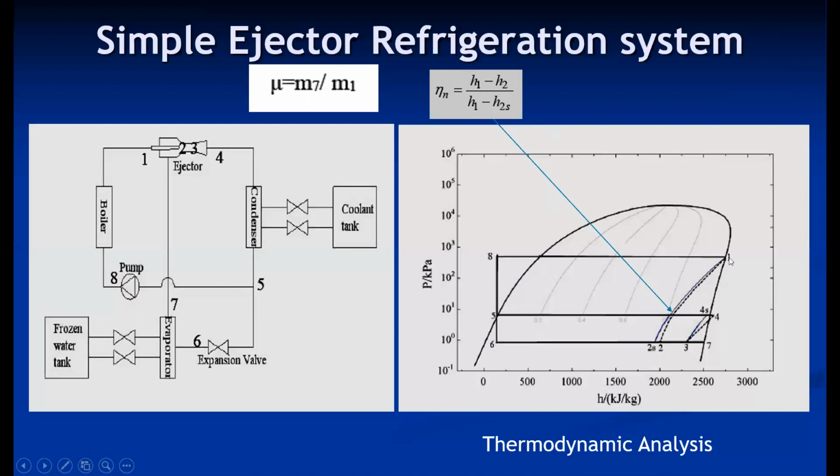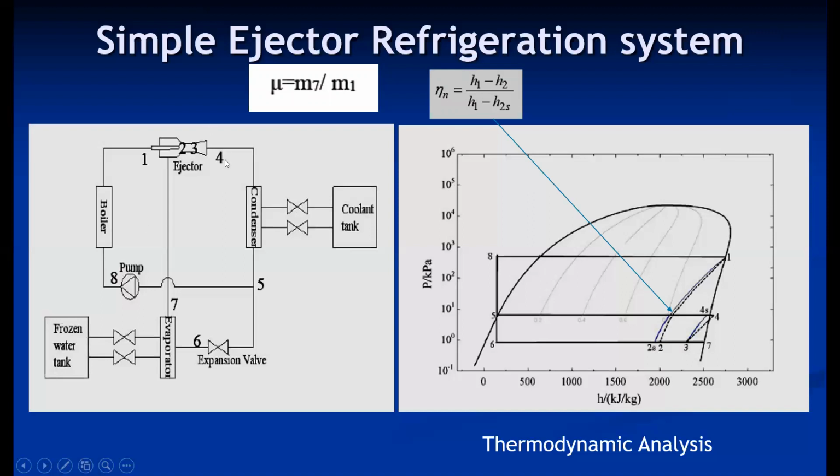If the nozzle efficiency is 100%, then 2 and 2s coincide. If it is 70% or 80% efficiency, then point 2 deviates from 2s. So this is the actual expansion process, and this is the ideal expansion process.